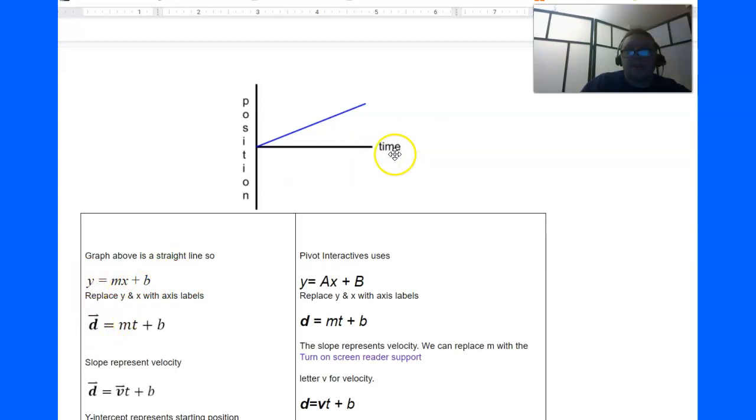And our x-axis is time, so instead of x, I put t. So I just changed y to d and x to t: d equals the slope times the time plus the y-intercept. I did the same thing over here, just to make sure that we see how these things go back and forth. y to d for the position, x to t, and there we go.